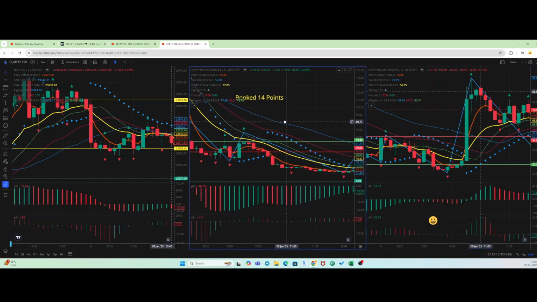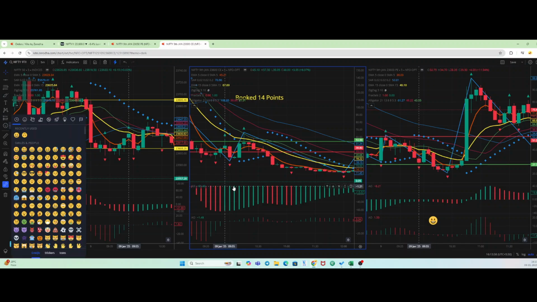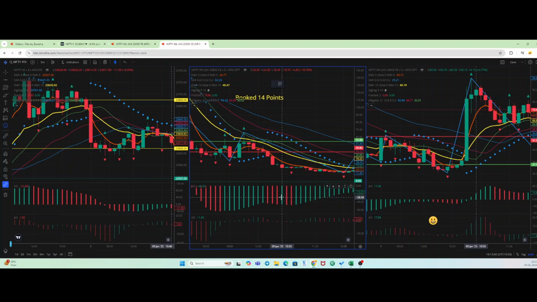And on the C side, at this point we got the signal. So in this area we placed the stop loss trigger order, near about 27.